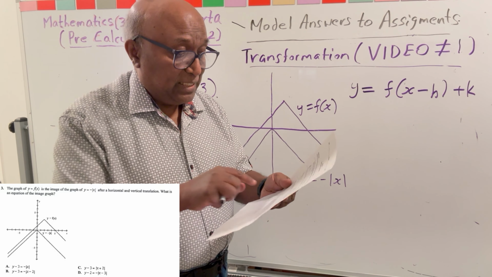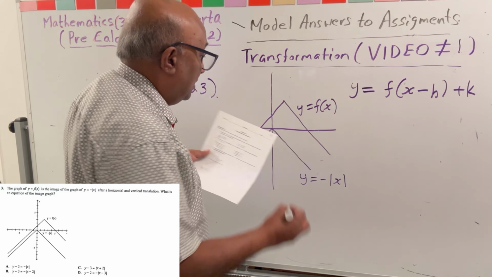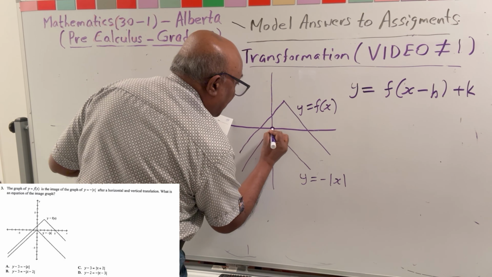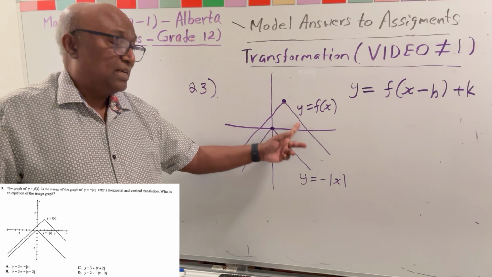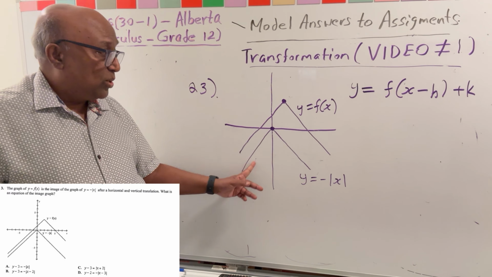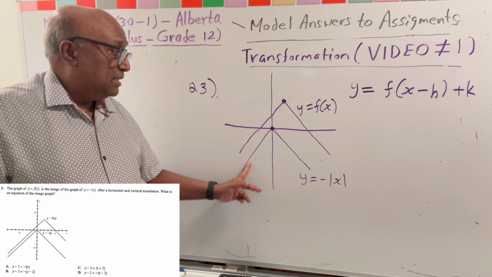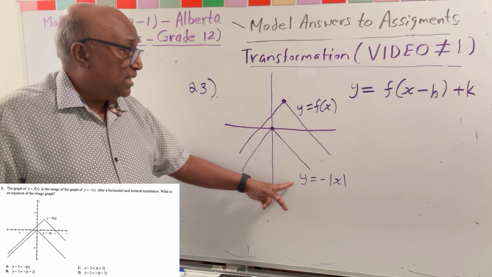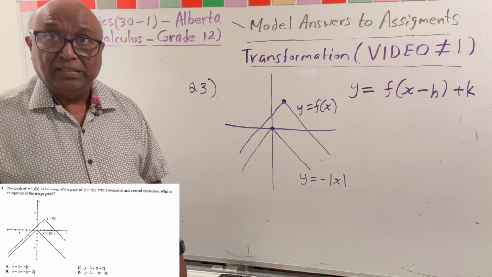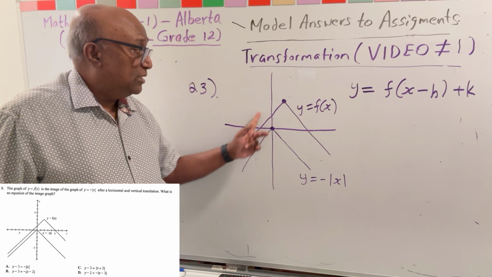Let's figure out the h and k values by looking at the graph. That means this point has been moved to here. In order to identify the translation by looking at the graph, we have to understand the shape has not changed, but the position has been changed.